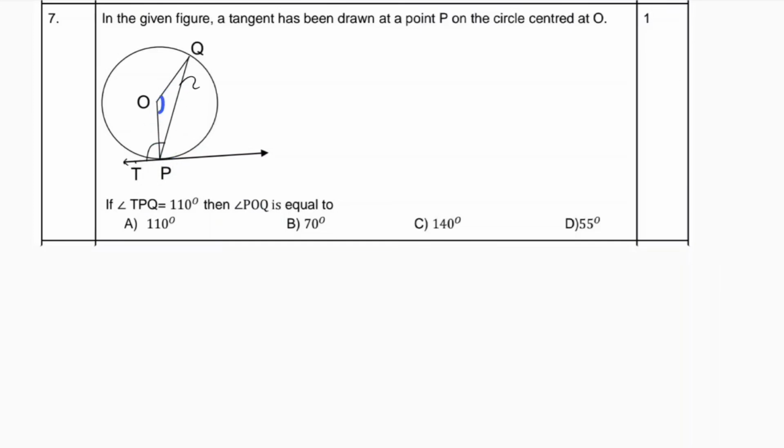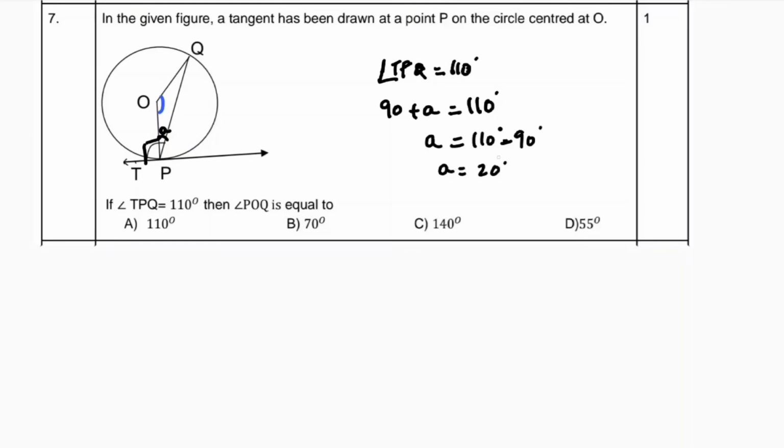Now see, TPQ is here, this angle is 90, and I'll consider this angle as A. So angle TPQ is 110 degrees, but TPQ I can write as 90 plus A, which is 110. So A equals 110 degrees minus 90 degrees. So A is 20 degrees.